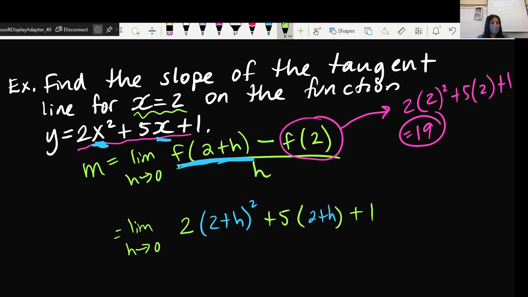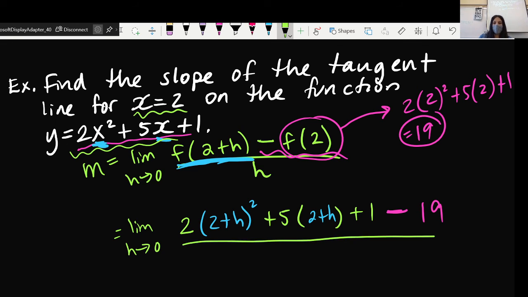So I basically took this whole equation, and wherever I had an x, I took that 2 plus h and plugged it in. But I kept everything else the same so far. And then at the end, I need to do minus f of 2, which is the minus 19 at the end. And the whole thing is over h.